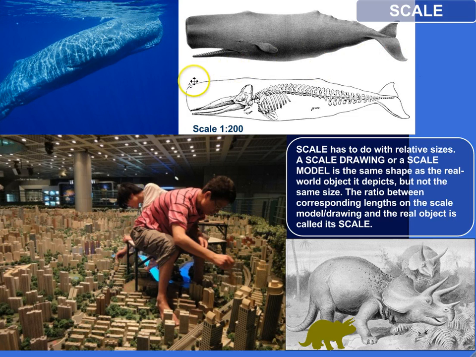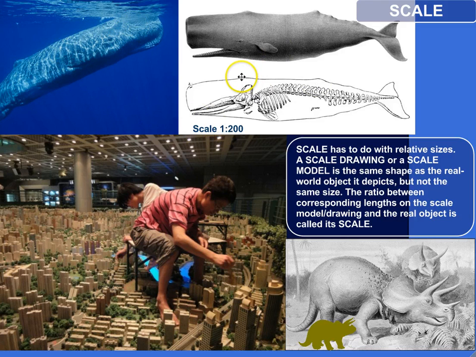Also, the length of the back is 1/200th the length of the real back. Does that make sense? So that's why this thing is the same shape: all the corresponding lengths have the same ratio. It's the ratio of 1 to 200. So this scale drawing is 1/200th the size of the real whale.